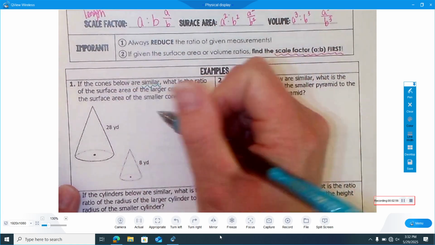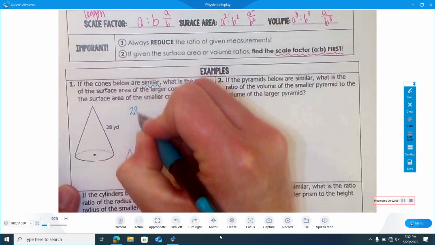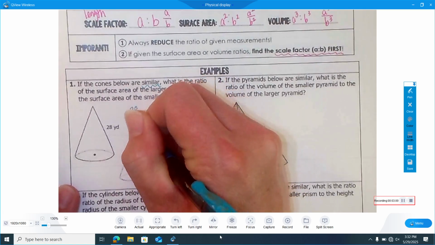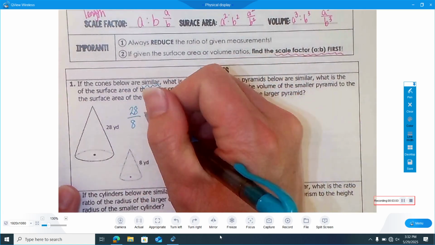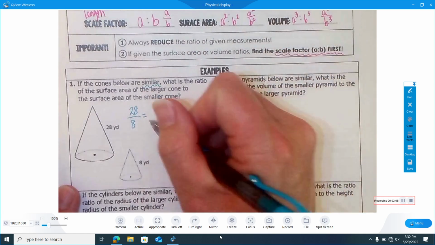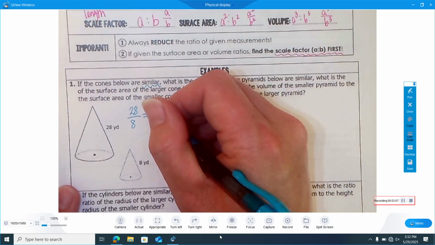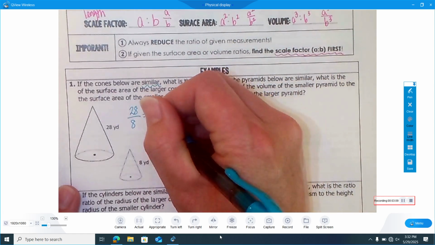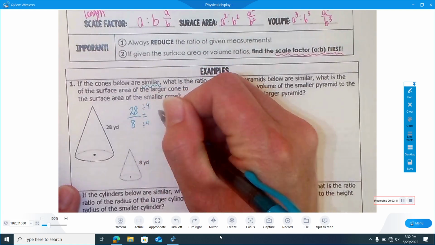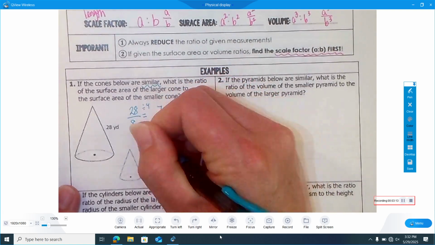So I'm just going to do 28 yards over 8 yards. And those are linear units. I'm going to reduce that. Both of these divide by 4. So 28 divided by 4 is 7, and 8 divided by 4 is 2.